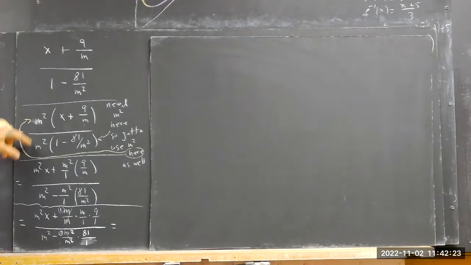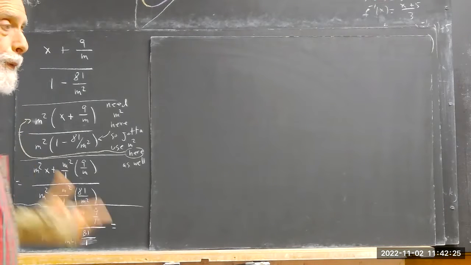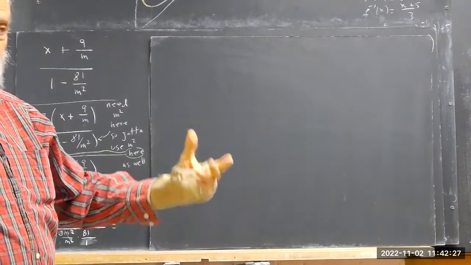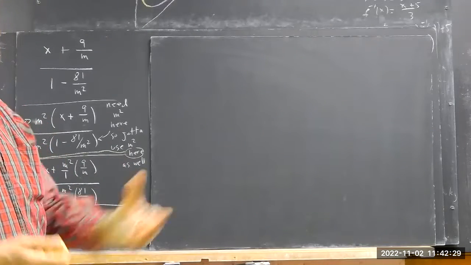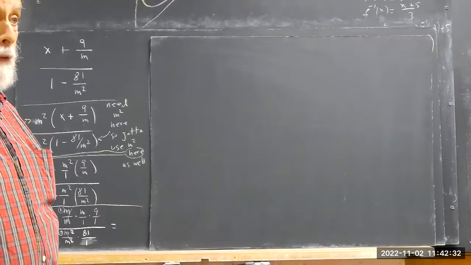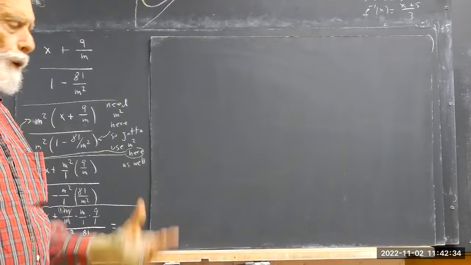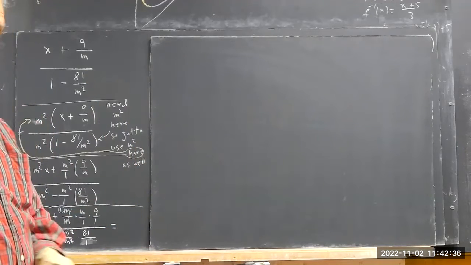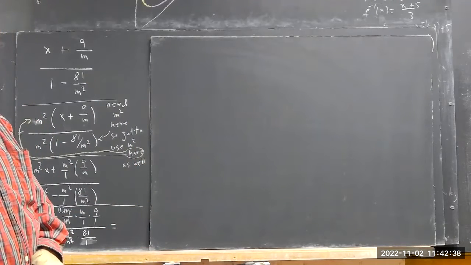Can't use a different thing here than you use here, because if you multiply the numerator by a different quantity and you multiply the denominator, you no longer have the same fraction. The fraction changes its value.